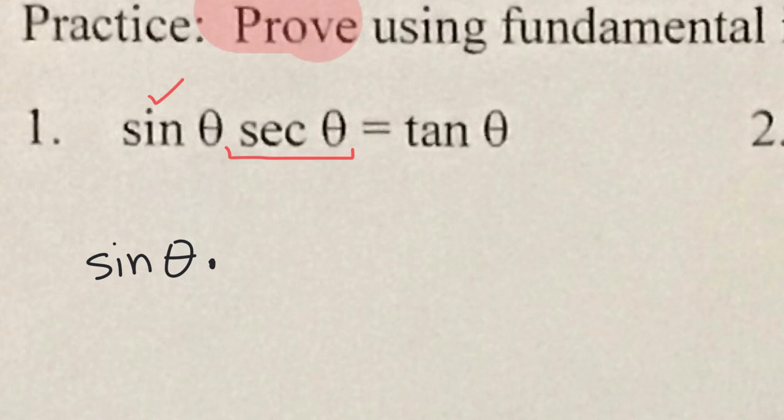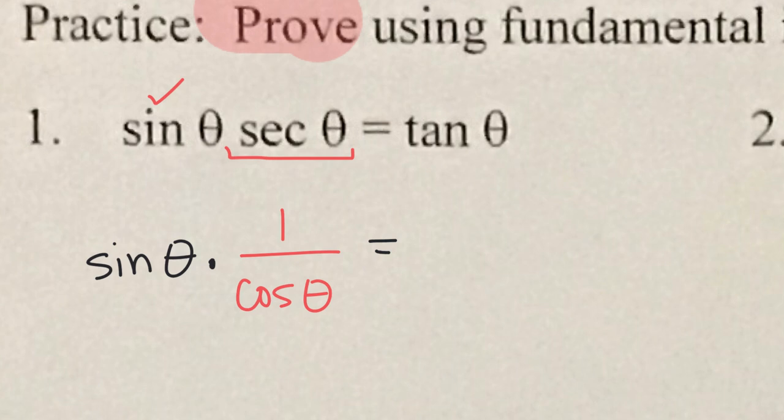Hopefully you have the piece of paper and you know that the secant is equivalent to 1 over the cosine. The secant is the reciprocal of the cosine. So instead of having secant in our equation, we can write 1 over cosine because those two things are equivalent.